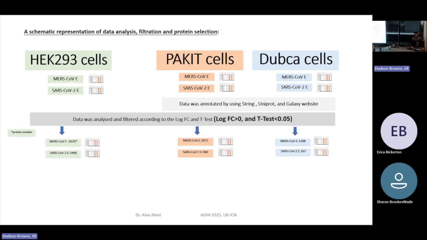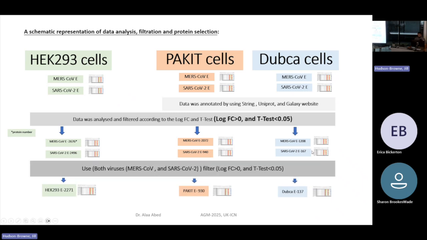After that, we used statistical tools. We selected proteins with a log-fold change more than 0 and a t-test of less than 0.05. So we identified the number of proteins in each data set that follow the criteria. After that, I used a filter I call both viruses, meaning both the MERS E protein and the SARS-CoV-2 E protein in each cell.